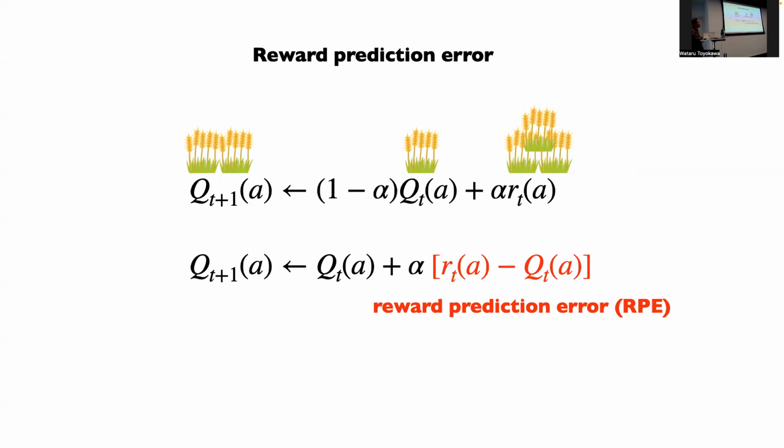When this term is positive, you got more than you expected. If it's negative, you got less than you believed. Some neuroscience studies are interested in the correlation between this term and neural activities, which is very interesting. But mathematically, both forms are the same.